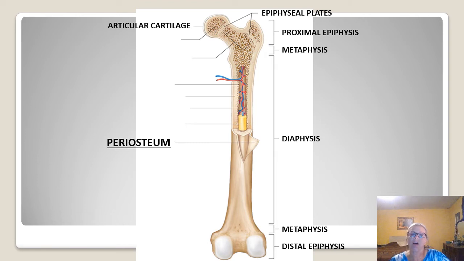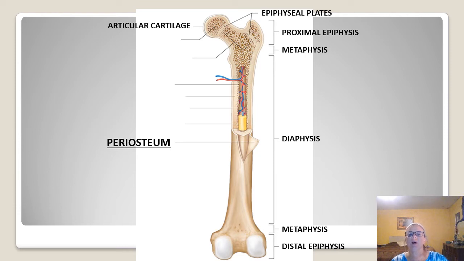Next, we have the periosteum. Peri means around, so this is the covering around the bone. It is deep or below the articular cartilage, and it's made of a very dense connective tissue. It is a tough vascular covering. It's firmly attached to the bone and connects with tendons and ligaments.